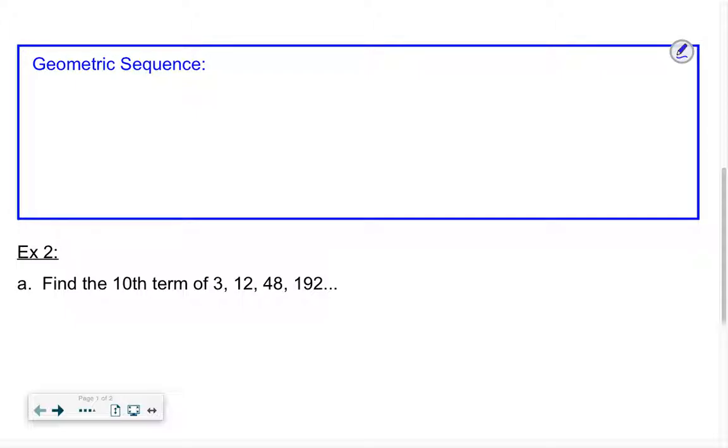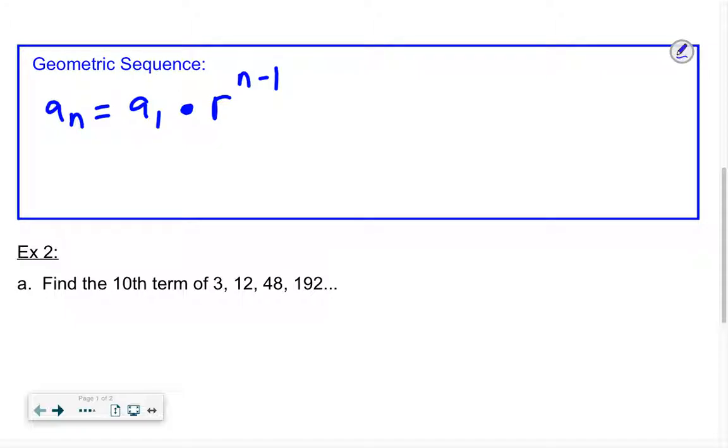Again, we have the formula for geometric sequence. A sub n is equal to a sub 1 times the common ratio raised to the n minus 1. So wouldn't you know it, we have an exponent now involved in this one. And that's okay.